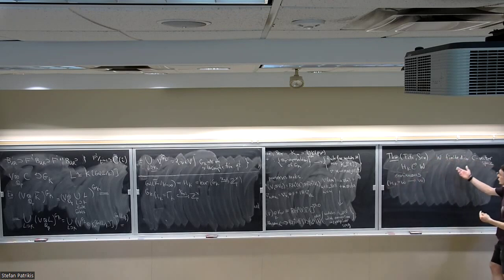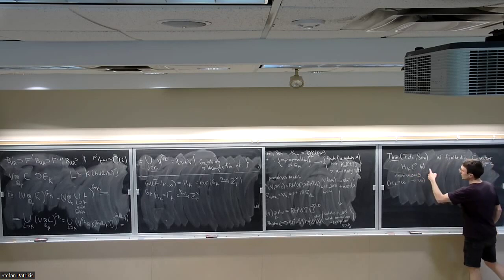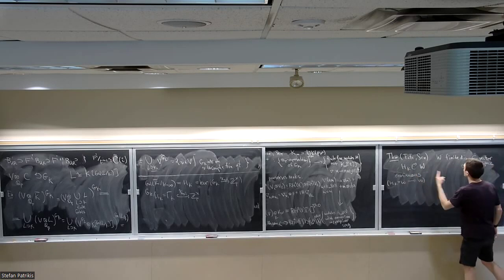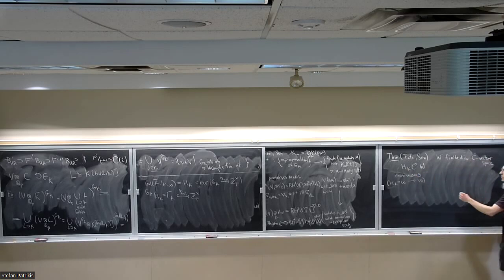So here, if I choose a basis for W, it would just be isomorphic to a direct sum of a bunch of copies of C, and C has its own p-adic topology, and I'll just get the induced topology. It's independent of the choice of basis. It's continuous, but it's not acting by automorphisms of a C vector space, because HK also acts on C, and I want this action to be semi-linear.